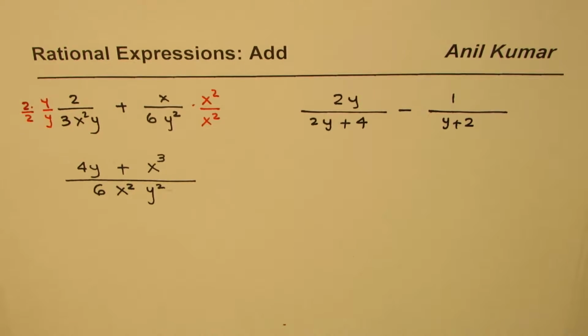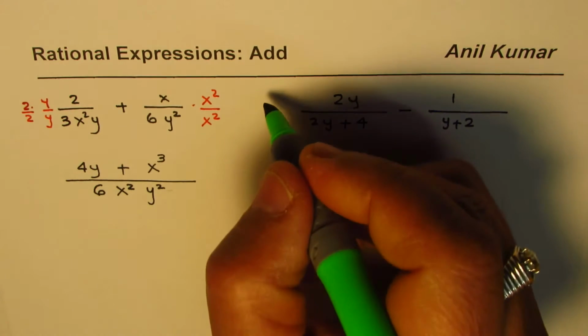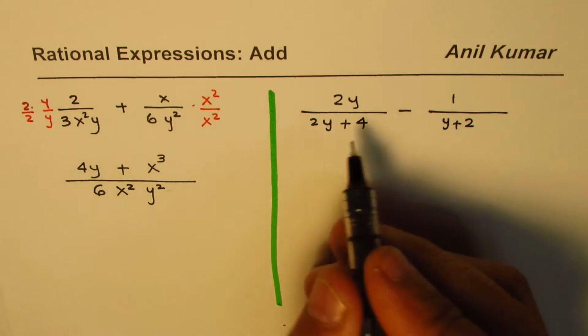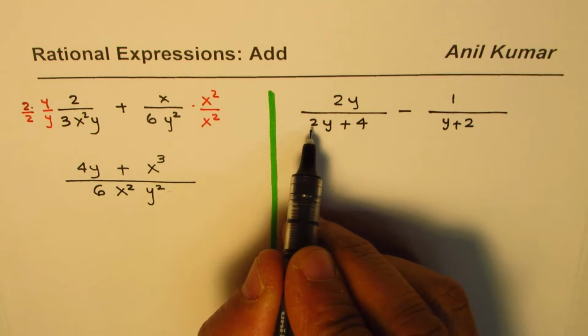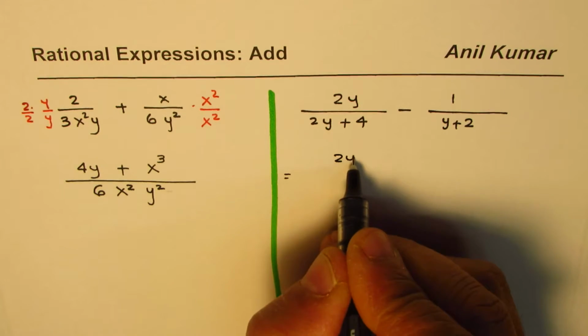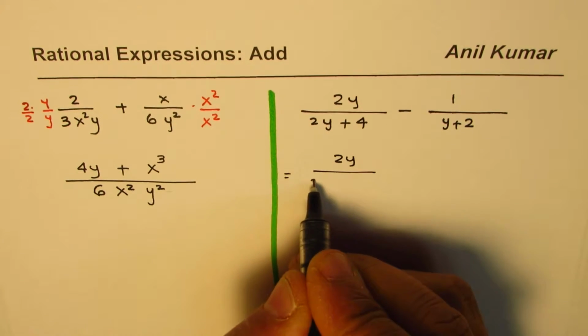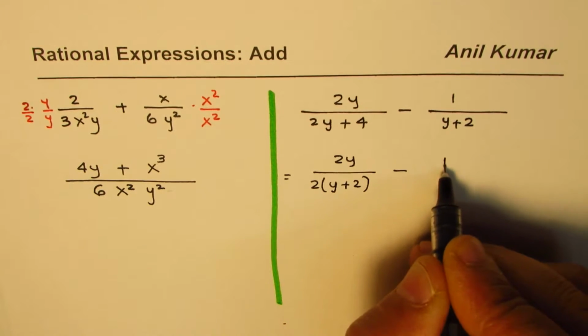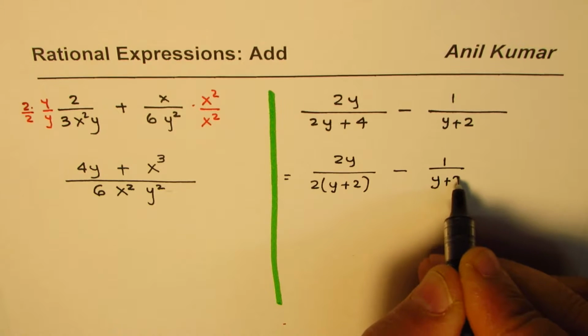Let us see how to subtract rational expression this time. Now clearly the denominators are not same, but they are kind of similar. Let me factor 2 and write down the first one as 2y divided by, if I factor 2, I get y plus 2, right? For the second one, we already have y plus 2.